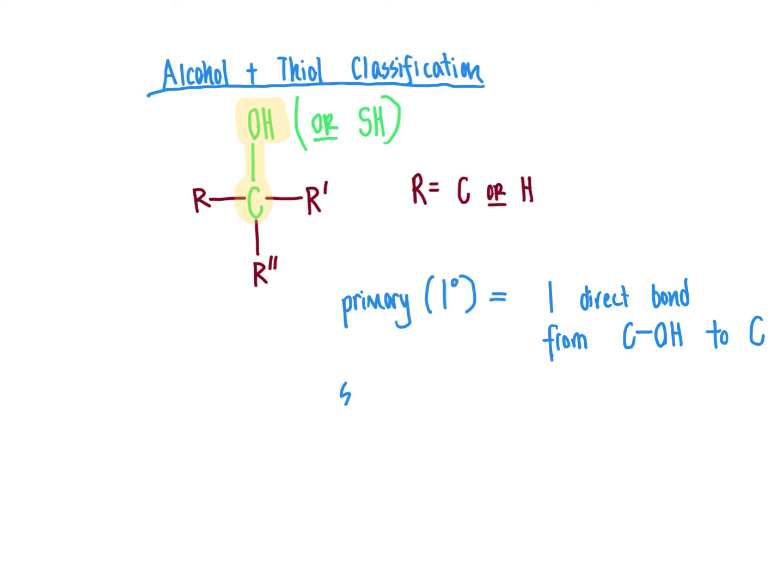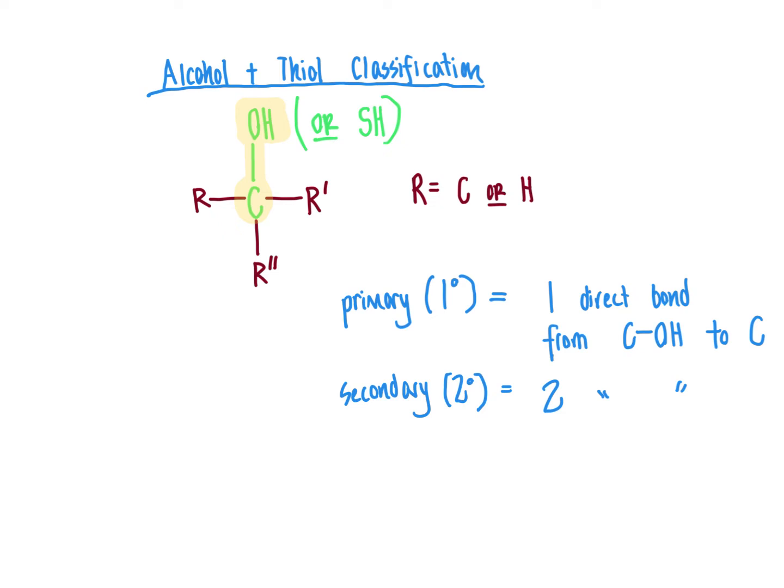Secondary is going to refer to the situation where we have two direct bonds from the carbon that's bonded to the OH group to another carbon, or it could also be the carbon that's bonded to the SH group to another carbon.